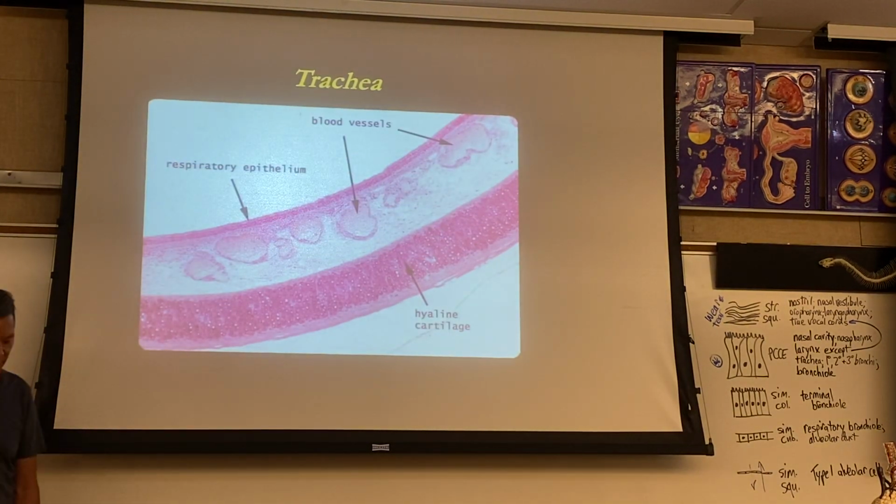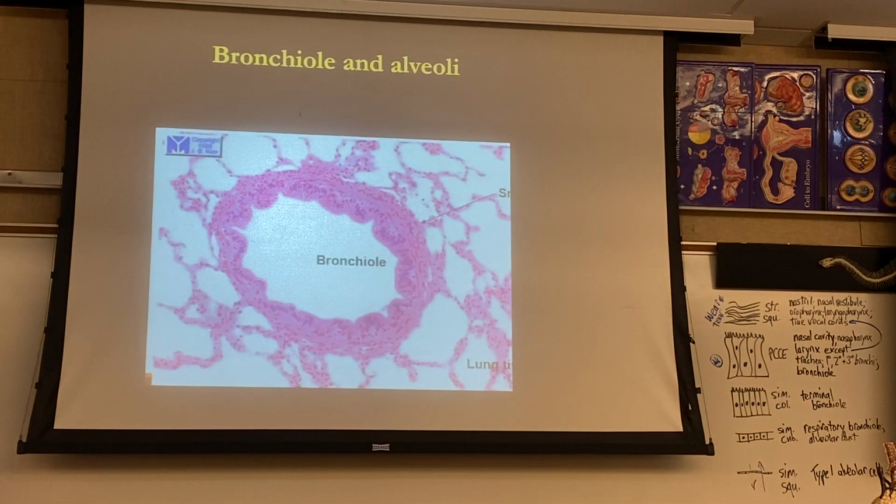But you put a star next to trachea. And where it says hyaline cartilage, that is a tracheal cartilage. Respiratory epithelium is pseudostratified ciliated columnar epithelium. You better put a star next to bronchial.